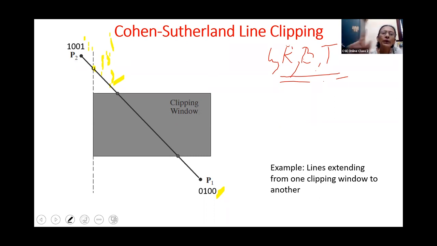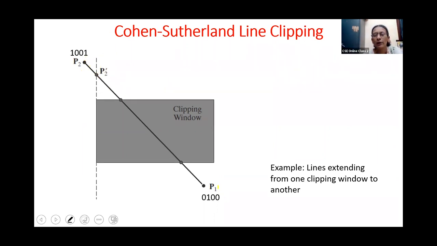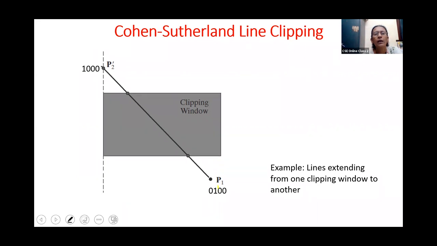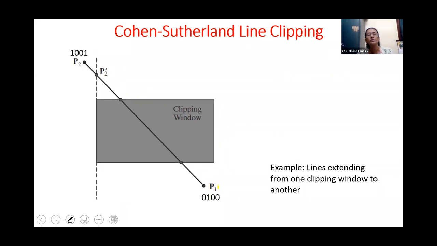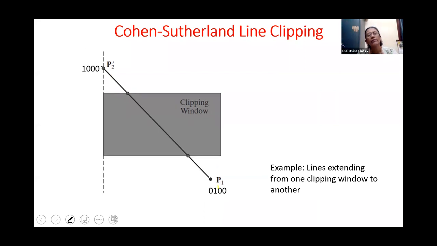We will truncate the part of the line outside the boundary, and consider the line only from P1 to P2 dash. Is this clear?